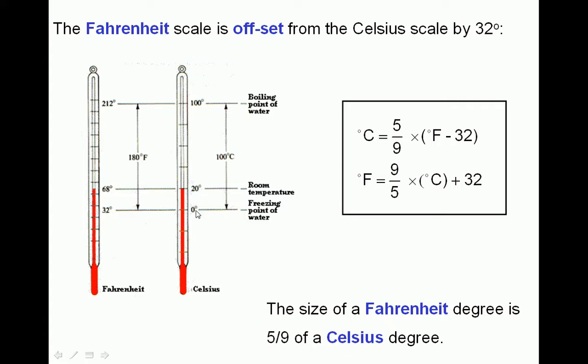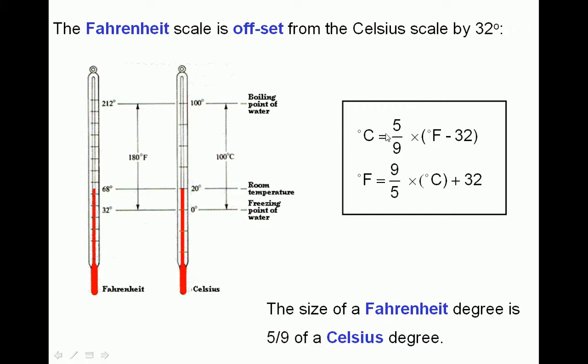So the Celsius unit was designed so that there were 100 intervals between the freezing point of water and the boiling point of water. But the problem is that water boils at 212 degrees on the Fahrenheit scale. That is, there are 180 degrees between the freezing point of water and the boiling point of water on the Fahrenheit scale, i.e. a Fahrenheit degree is only 5/9 that of a Celsius degree.